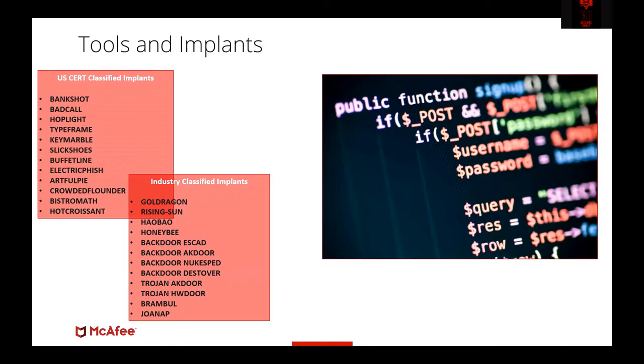So moving on, we're going to start digging a little bit further here, changing topics, going into more about the tools and the implants. As we've tracked over the years, there's been a number of implants and functionality developed in a code factory-like method.